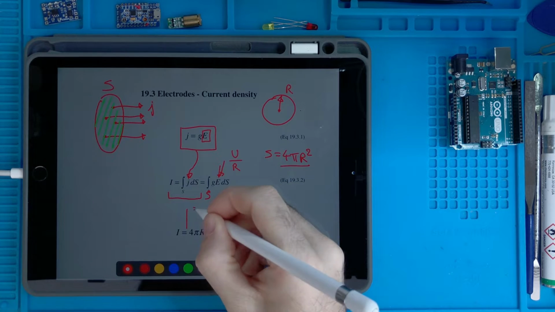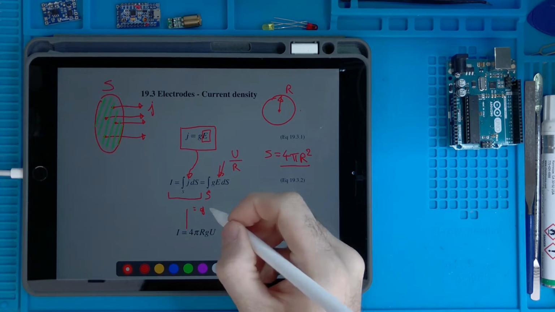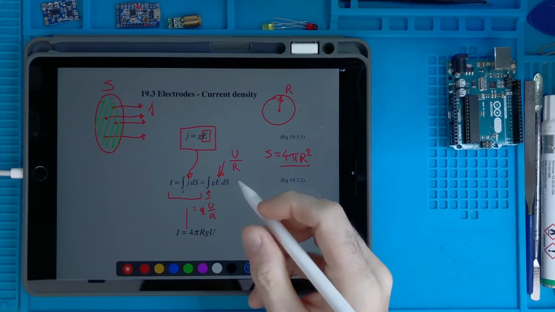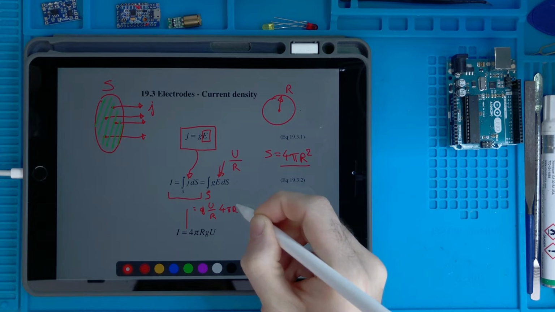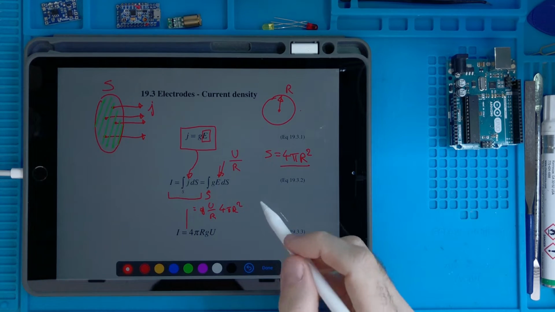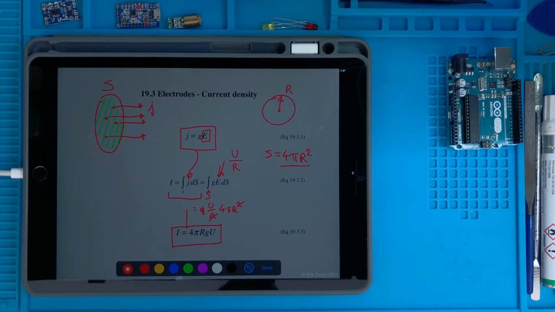Let's write it. It was this: G multiplied by U over r multiplied by the surface 4 pi r squared. And if you simplify this, then you get the result.